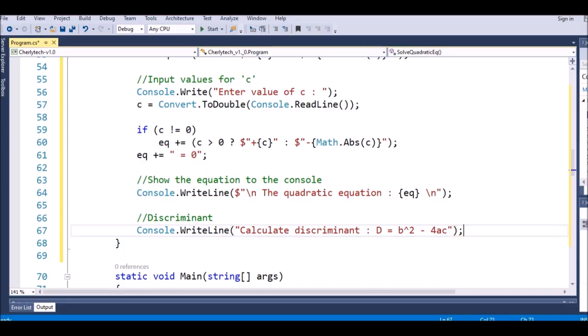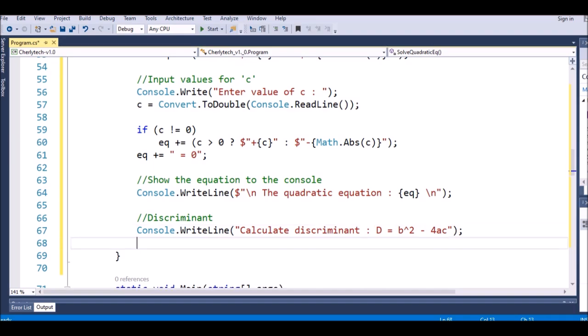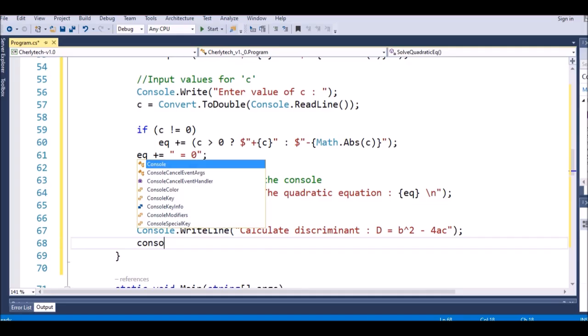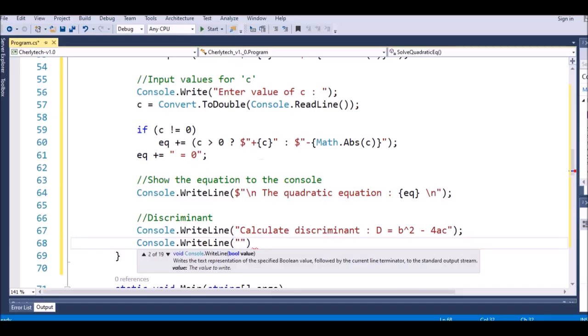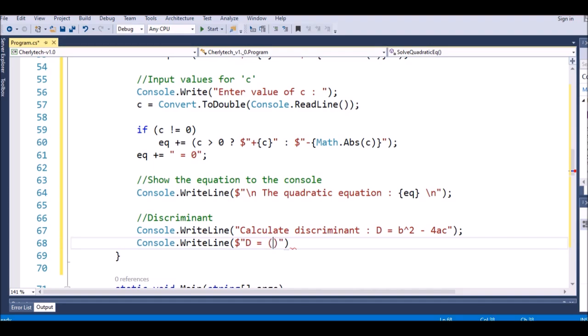So after that, we do calculate. Console dot write in here. You say D or discriminant equal, in here we have to put this one and B, right?